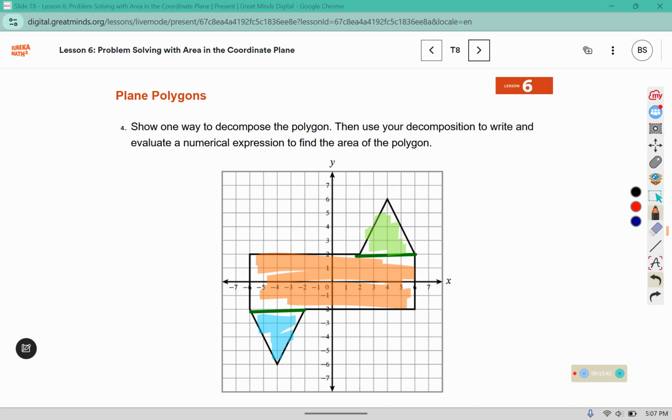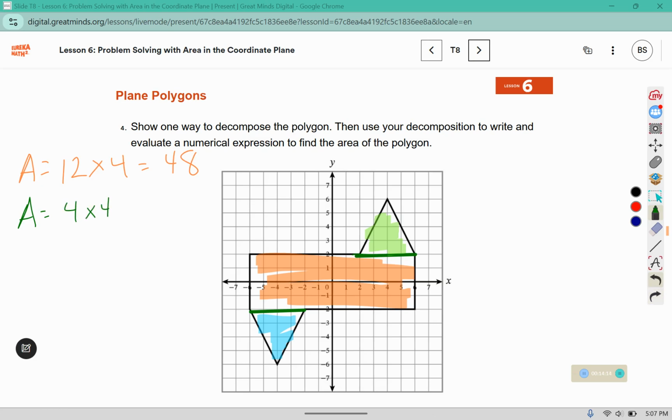Let's start with our rectangle piece. The area of our rectangle piece, the base of that rectangle, if we count the units, is 12, and the height is 4. 12 times 4 is 48. The area of the green triangle piece, it has a base of 4 and a height of 4.